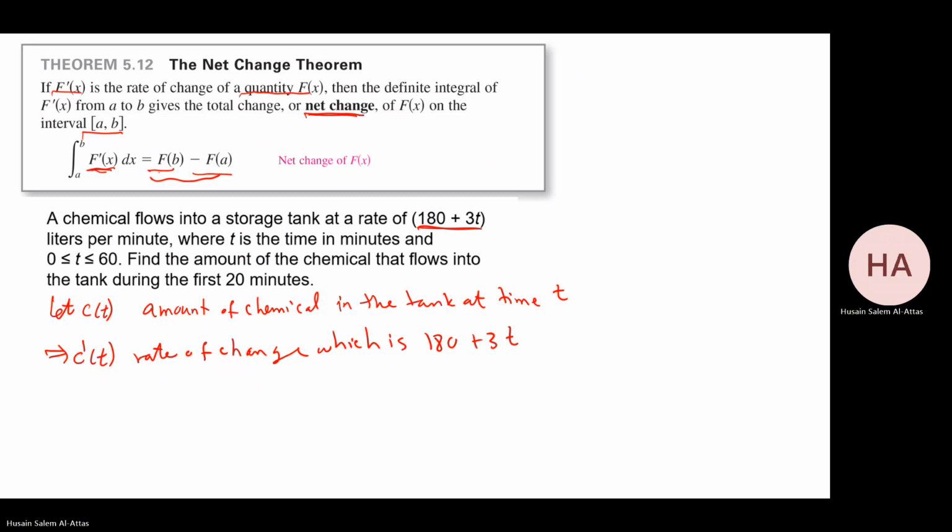Now, what they want is the amount of the chemical that flows into the tank during the first 20 minutes. So I need the net change in the first 20 minutes, so I have from 0 to 20.